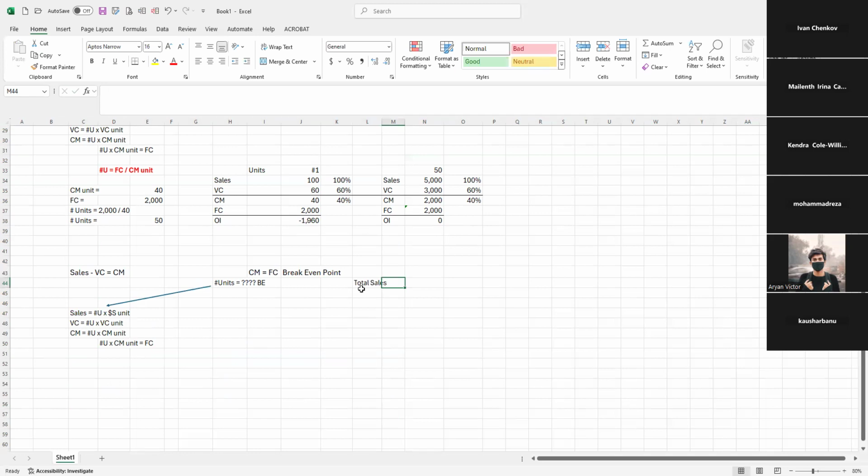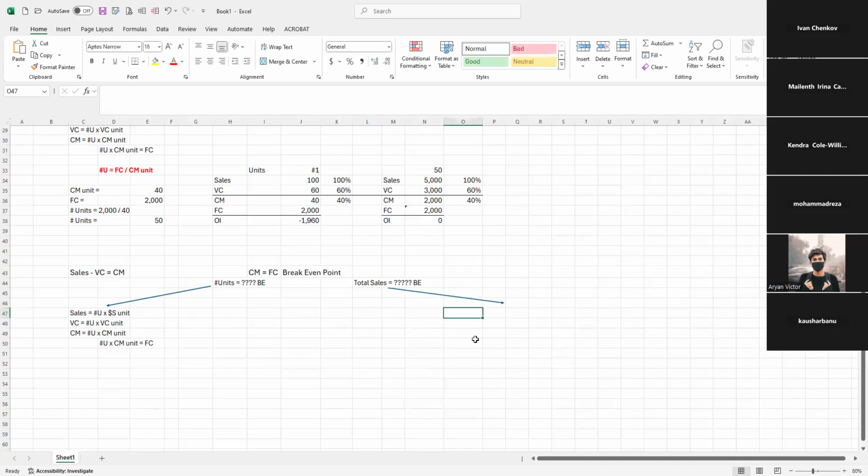What's the total sales that I need to achieve in order to be at the break-even point? So how are we going to do this? Well, obviously we have to come up with some formula. Once we come up with the formula, then life is easy. What will be the formula here? I'm going to go in this direction now.